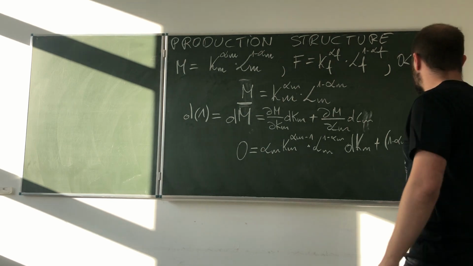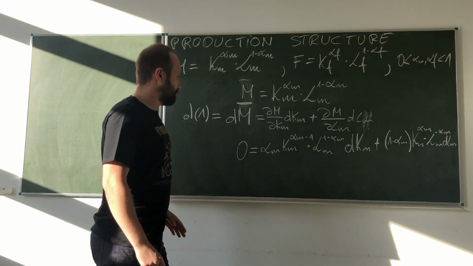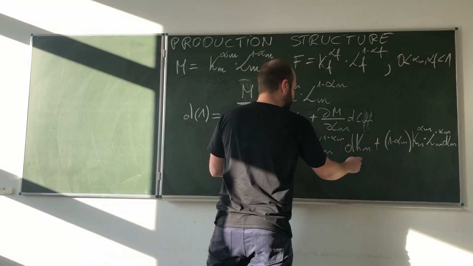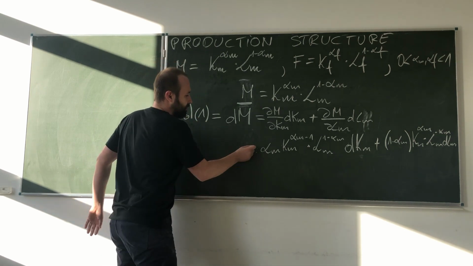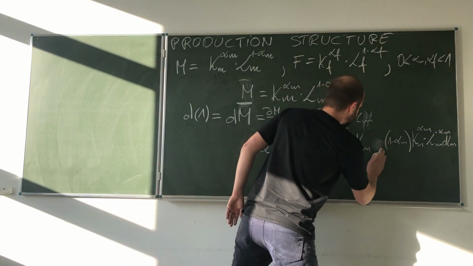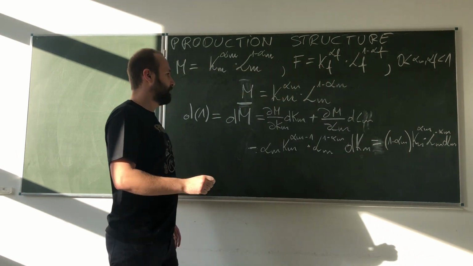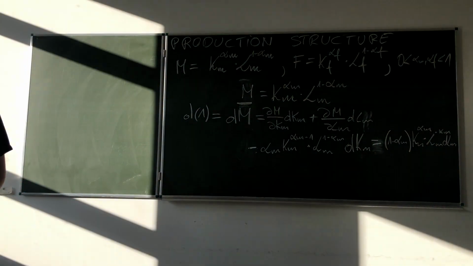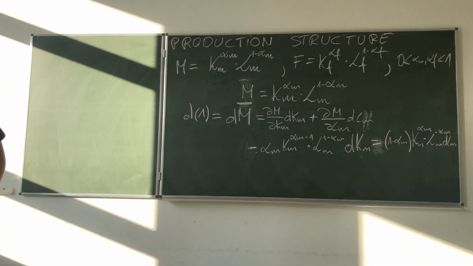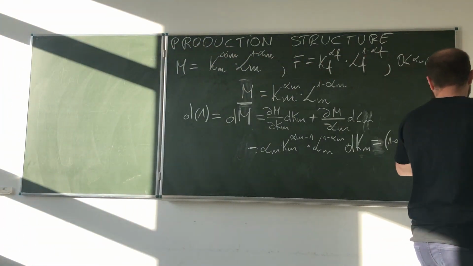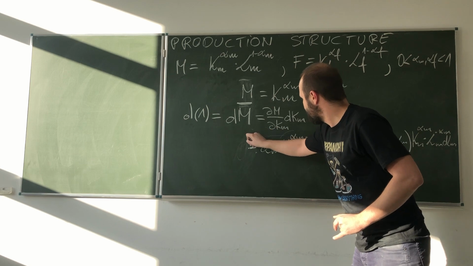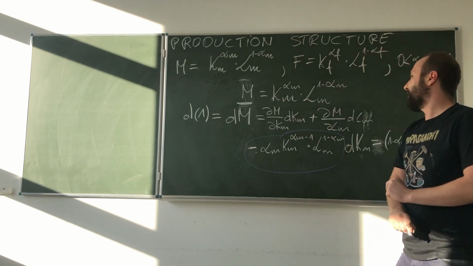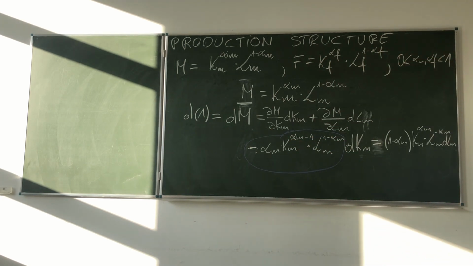Okay, so now look, what I'm going to do is move this part to the other side of the equation. So I'm going to have minus here and equality over here. And now look, what I want to do here is divide both sides by dlm and divide both sides by this entire expression, right?